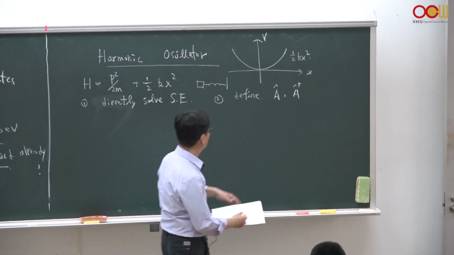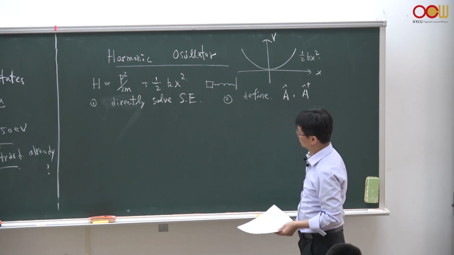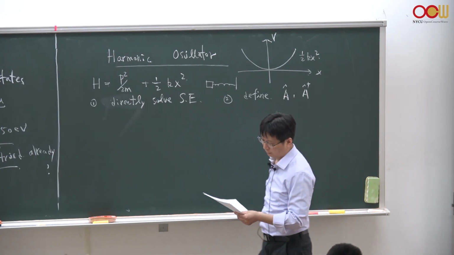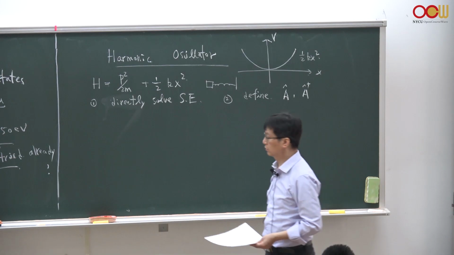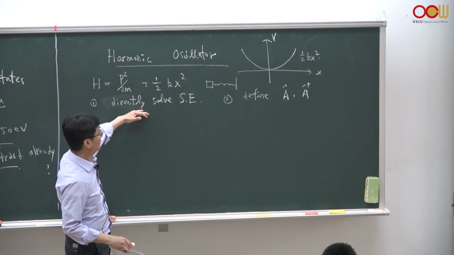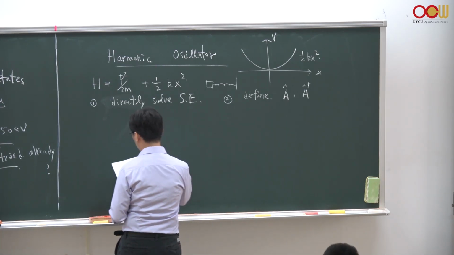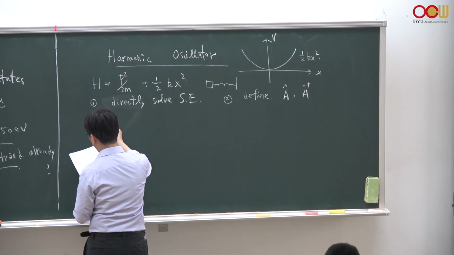And this is the much smarter way to solve the harmonic oscillator problem, without actually involving this very complicated polynomial and so on. Okay, so let's just do it the more stupid way, which is the brute force way.